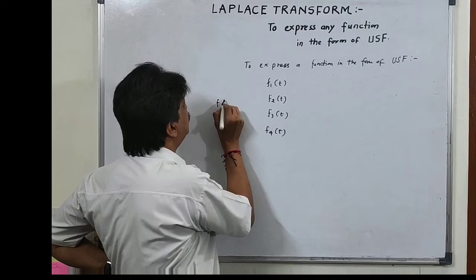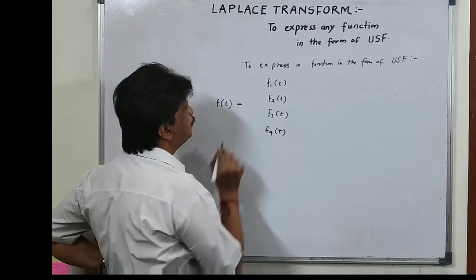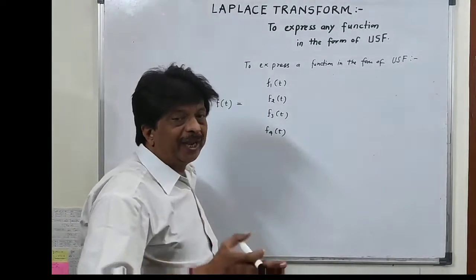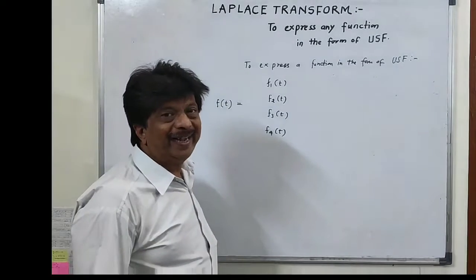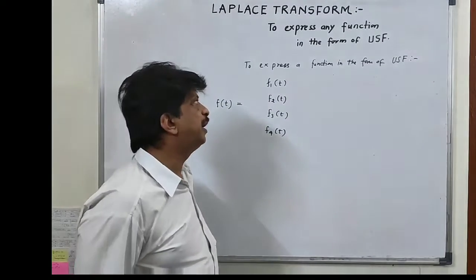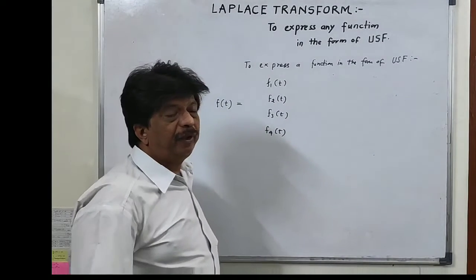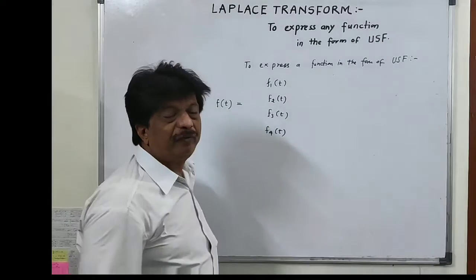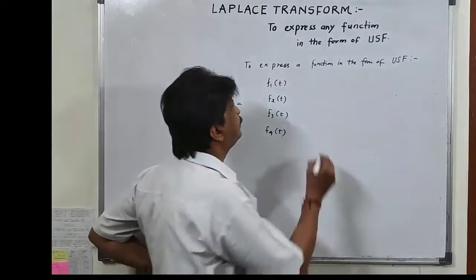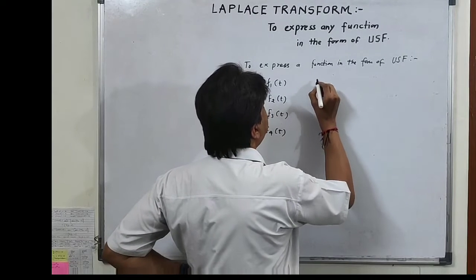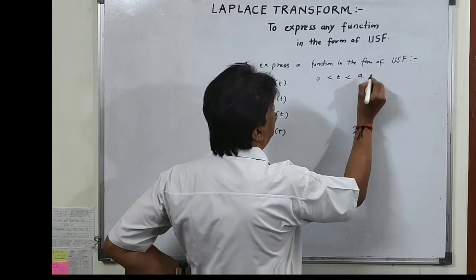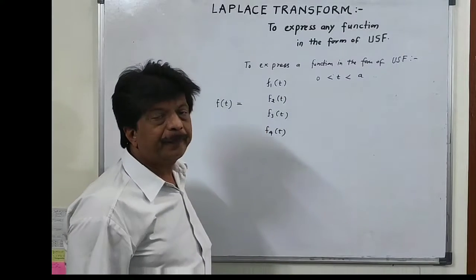Let f of t be equal to... this f of t is defined in 4 bands. It is a multi-band function: f1, f2, f3 and f4. So f of t is equal to f1 of t when t lies between 0 to a.